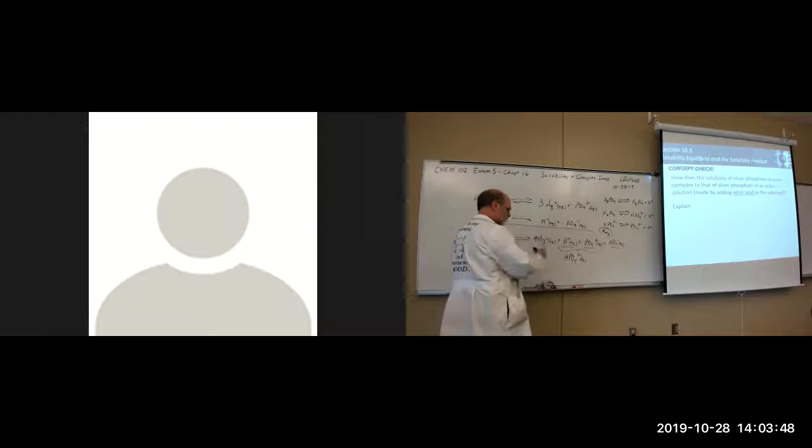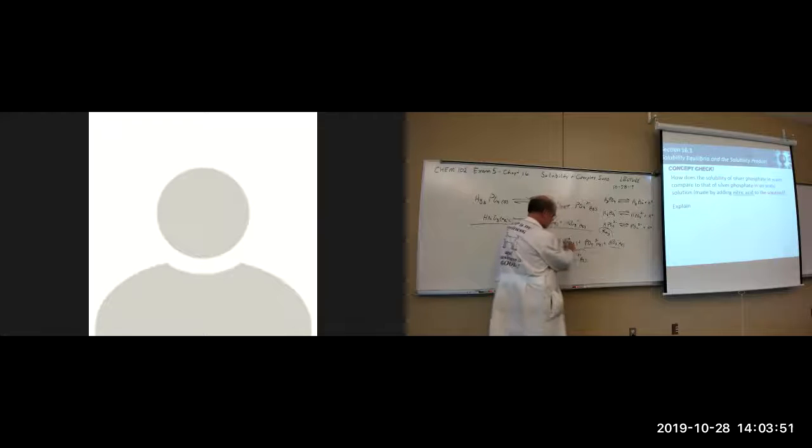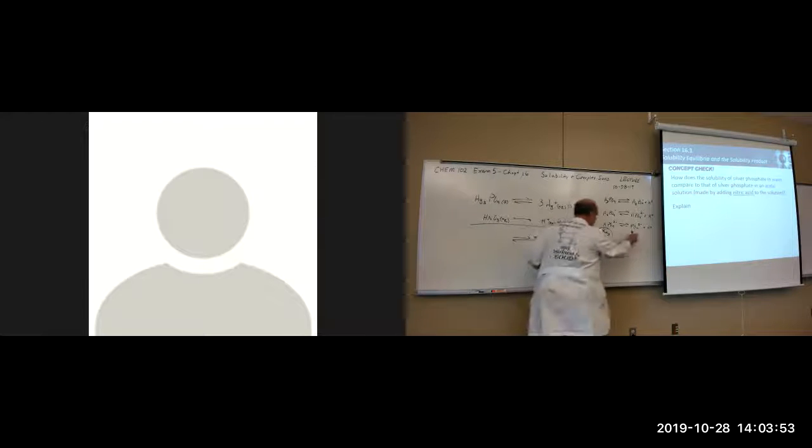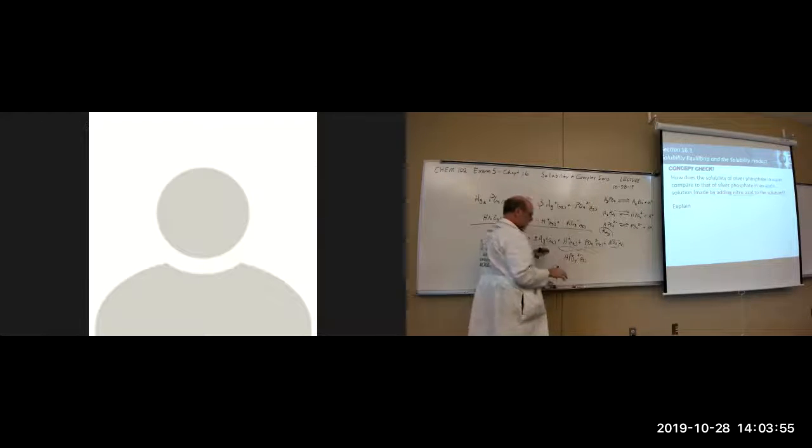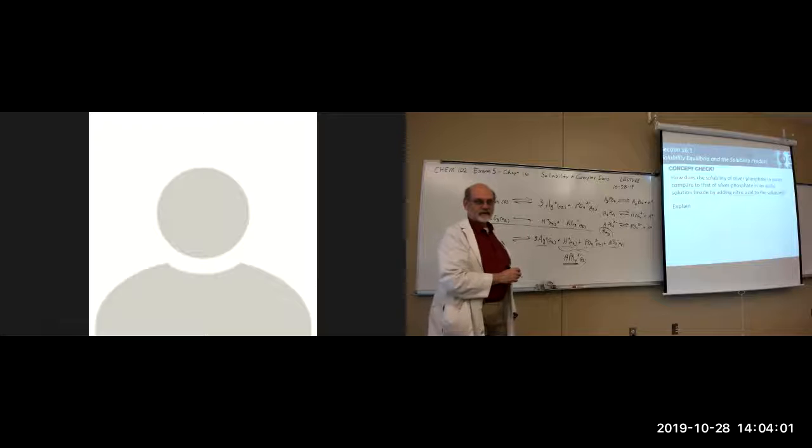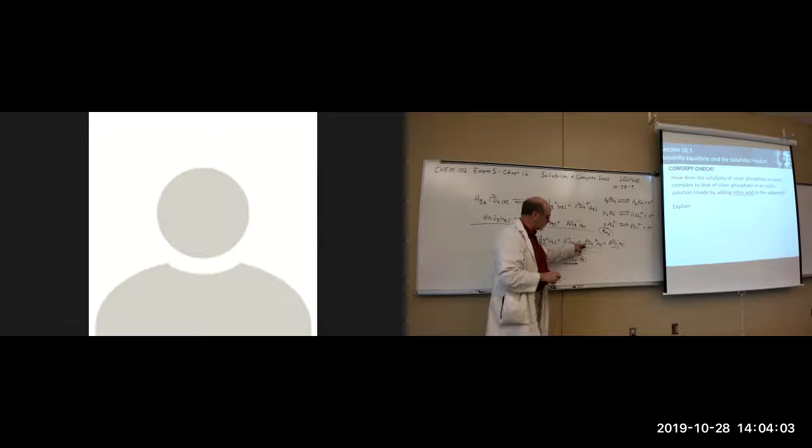So let's go back to this one. If these two combine to make that one, where's the equilibrium going to be? Right here with that one. And what that does is it removes this from solution. It's not as available for this part of the reaction because it's being combined with hydrogen. So that means we are removing some of that from solution.